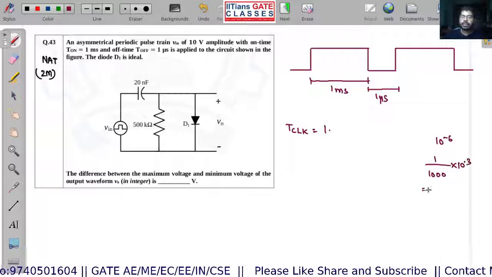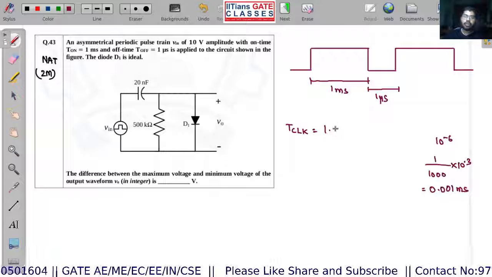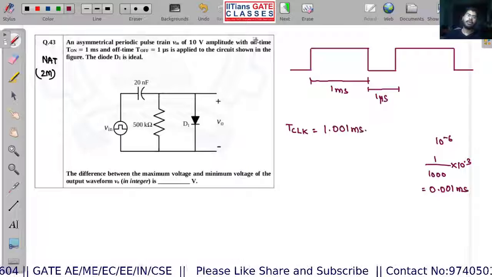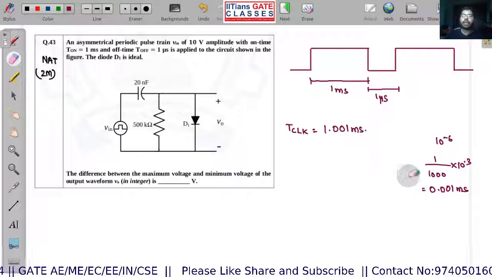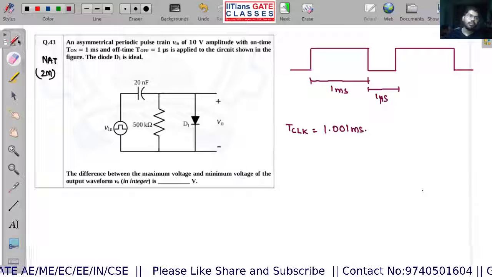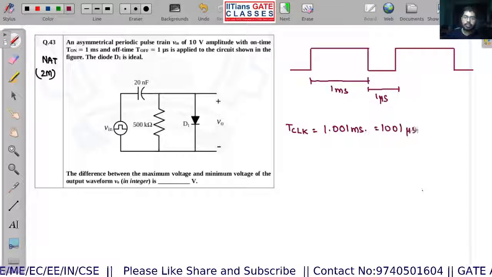I can write it so this will be 0.001 millisecond. So the time period of clock is 1.001 millisecond. Or if you want to write it in microsecond, it will be 1001 microsecond. Okay.